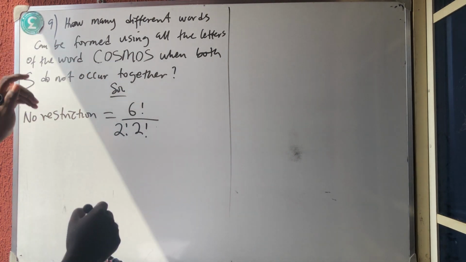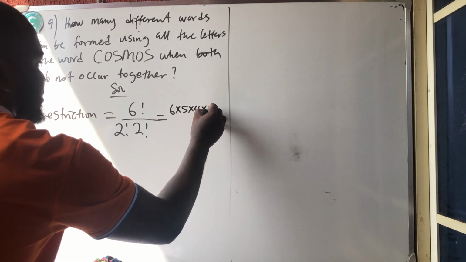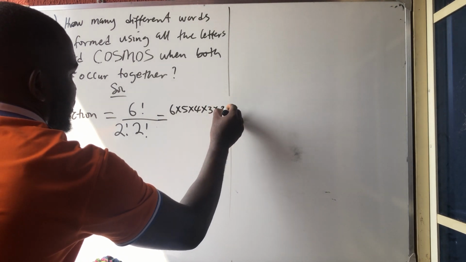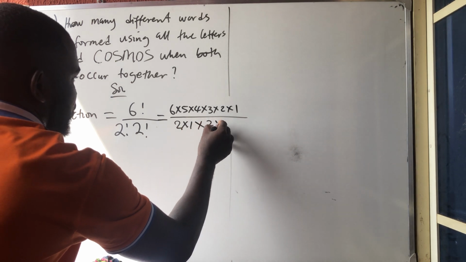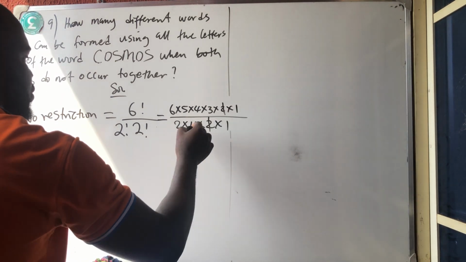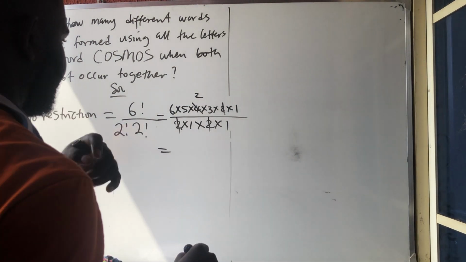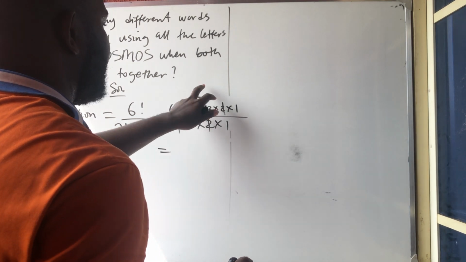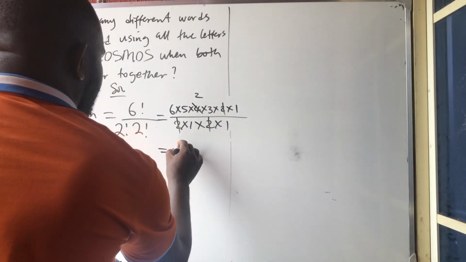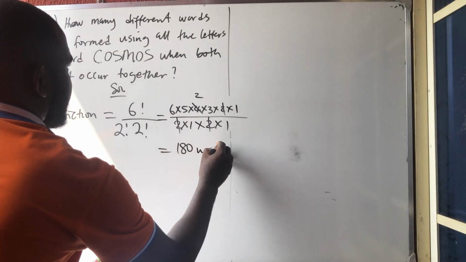M is 1, so leave it. So my answer becomes 6 times 5 times 4 times 3 times 2 times 1 all over 2 times 1 times another 2 times 1. So 2 take care of 2 and 2 take care of 4 to have 2. So what do I have now? 6 times 3, 18. 5 times 2, 10. That is 180 words.